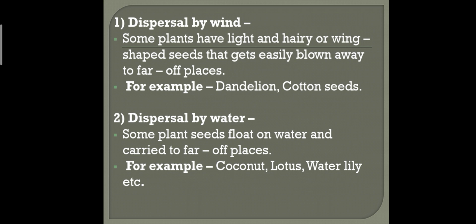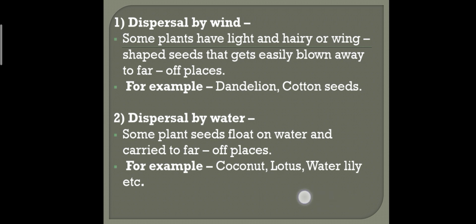Dispersal by wind. Some plants have light and hairy or wing-shaped seeds that get easily blown away to far off places, for example dahlia, cotton seeds.